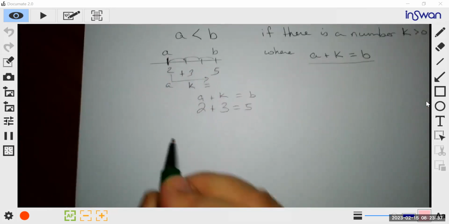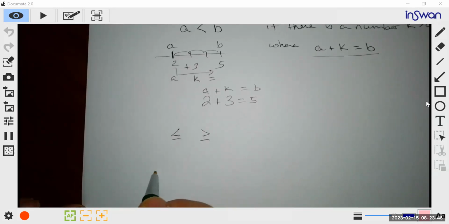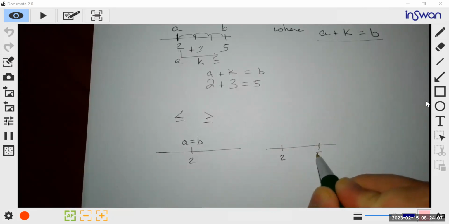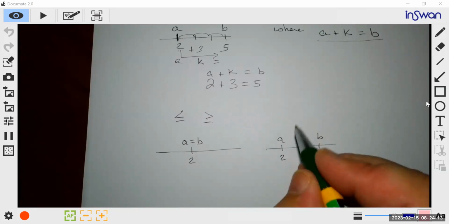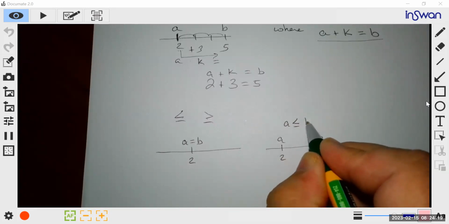Then we also have these two. What do they mean? Or it could be equal to. Yeah, so on a number line, A equals B. So here, A, can we say A is less than equal to B?